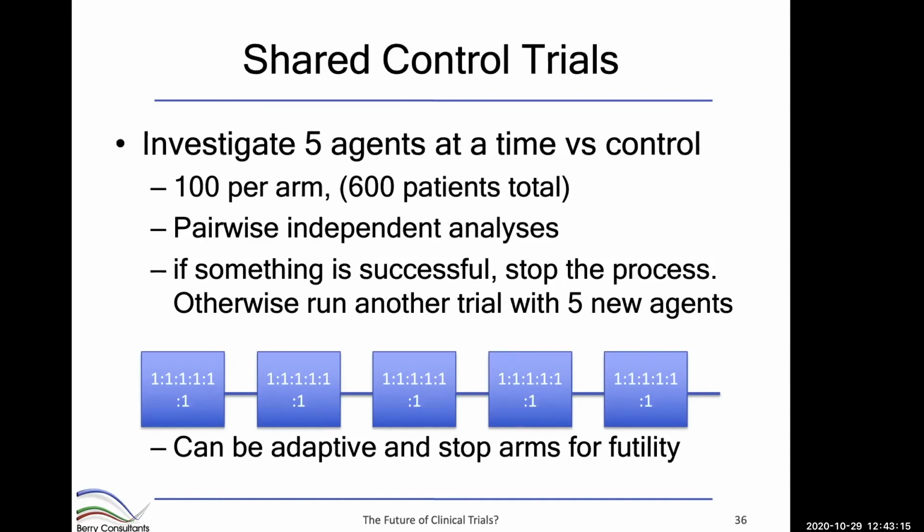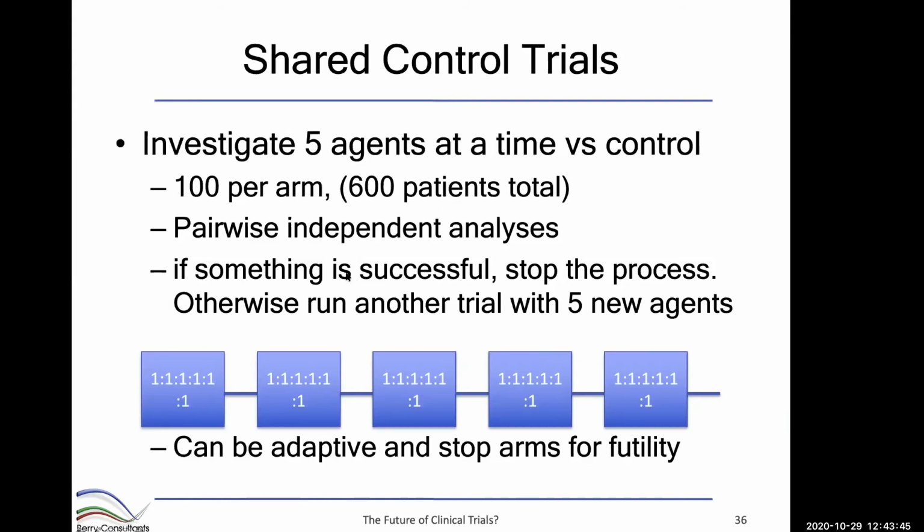Remember, we're always testing multiple things from the society view. There's no type 1 error penalty if you do separate trials. These are judged by the FDA on similar reasoning. If you could have tested them separately, we realize that you're doing this as a search, you're efficiently running all these trials. So the type 1 error is per agent.